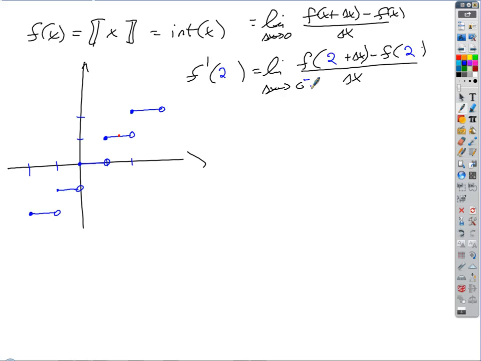So what is f of 1.9 repeating-ish? 1, right? So this gives us back the limit of 1 minus 2 over delta x as delta x approaches 0 from the minus side.